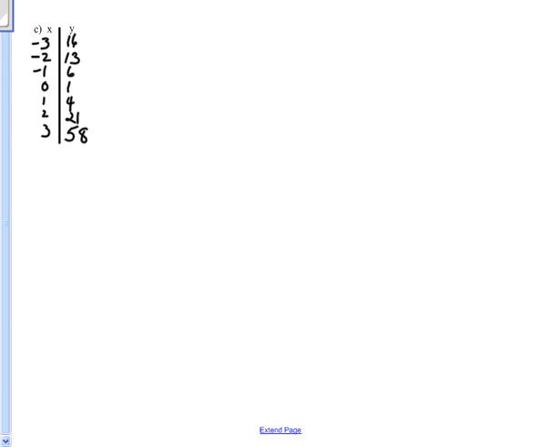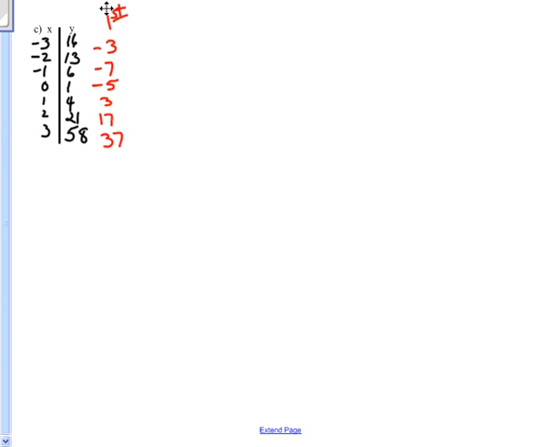The third one, I have my table of values. I'm going to look at the first differences. I have a -3, -7, -5, 3, 17, 37. They're not the same.